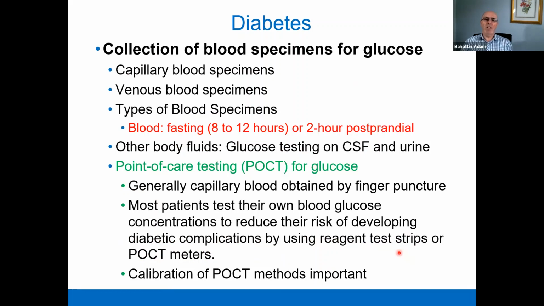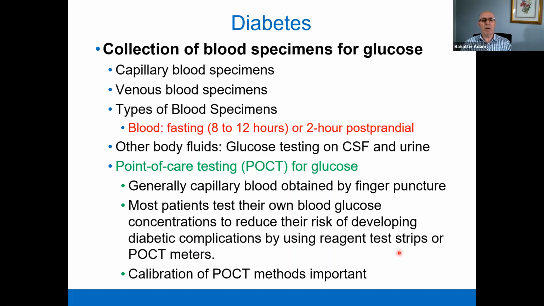Collection of blood specimen for glucose. There are three sources, as you know from the phlebotomy chapter: capillary blood specimen, which may be one of the most common, venous blood specimen, and arterial blood specimen.